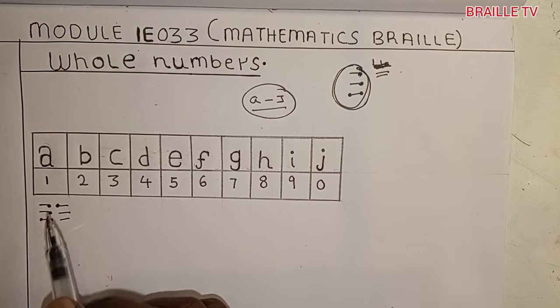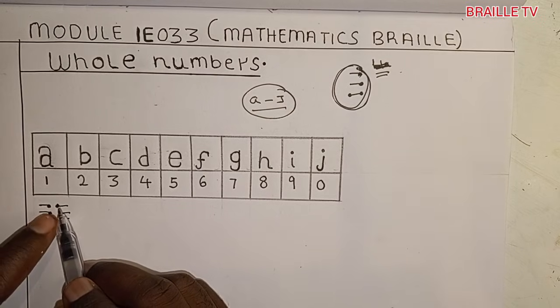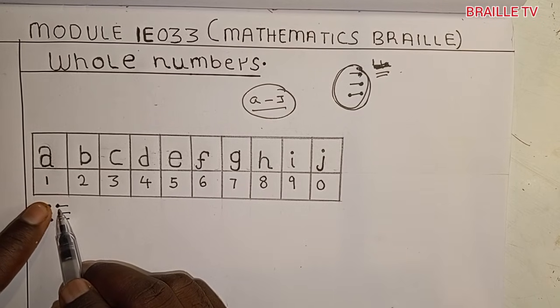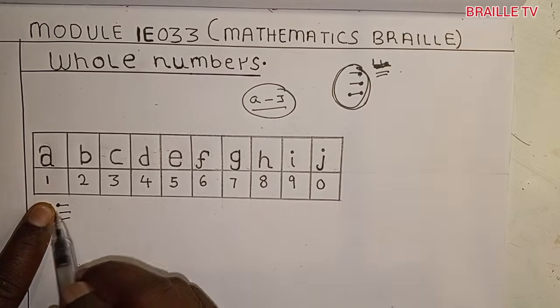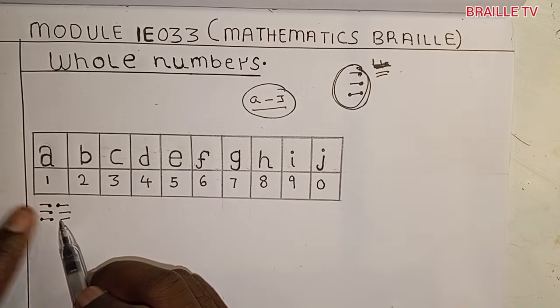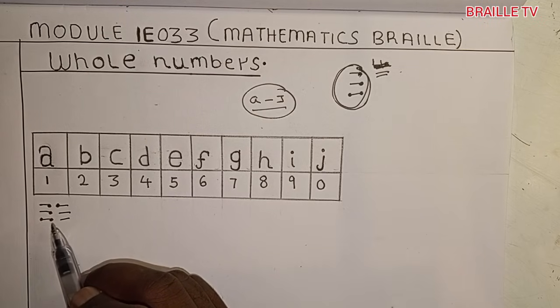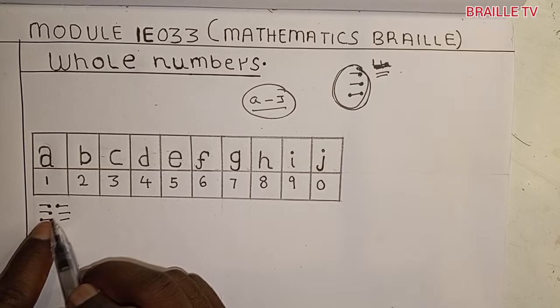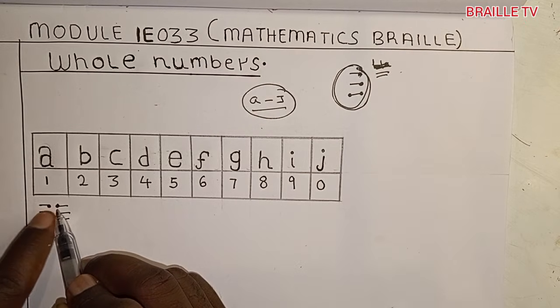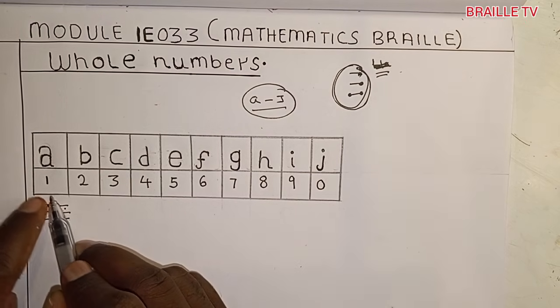So listen, we said A is written like this in Braille, isn't it? This is A. But if you want to show that this one is not A, it is 1, first you must write this numeral sign before you write A. So numeral sign A, this one is no longer A, it is 1.